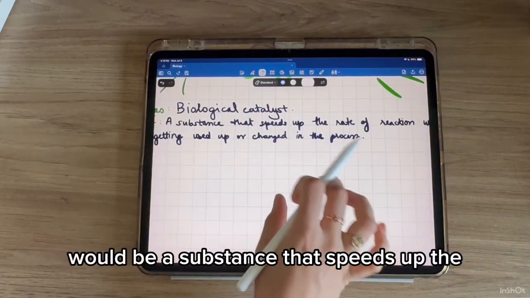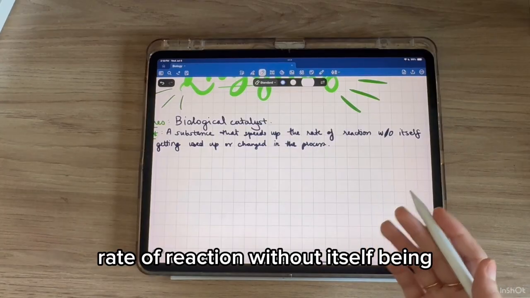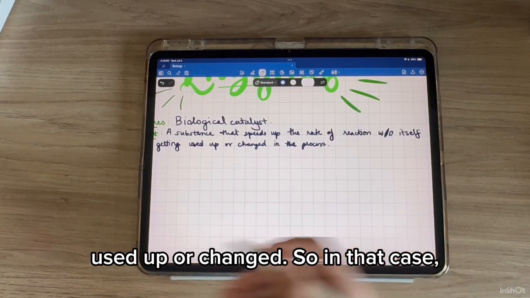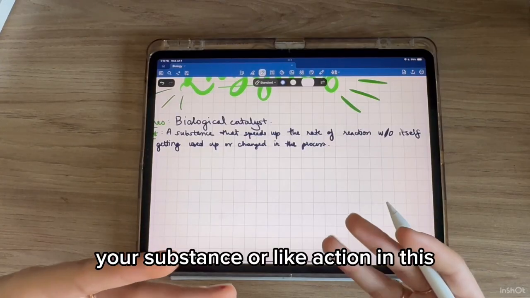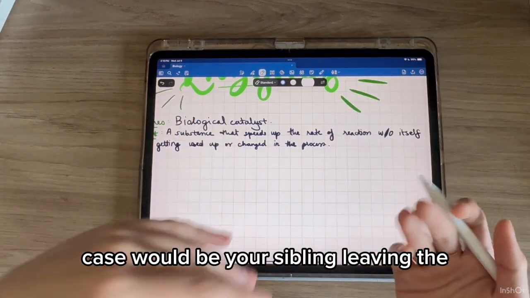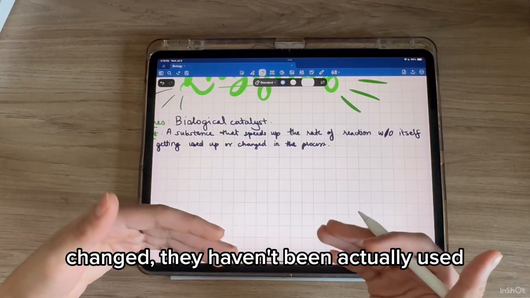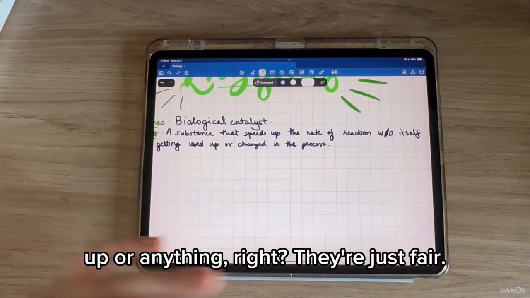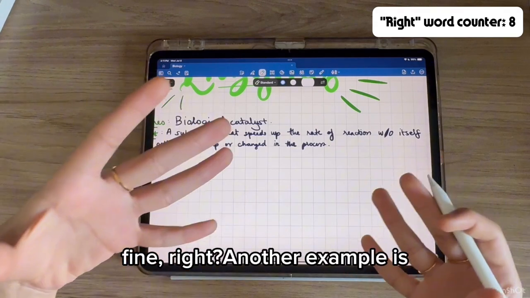So in this case, your substance or action would be your sibling leaving the room, right? They haven't been changed, they haven't been used up or anything. They're just there and they're still fine, right?